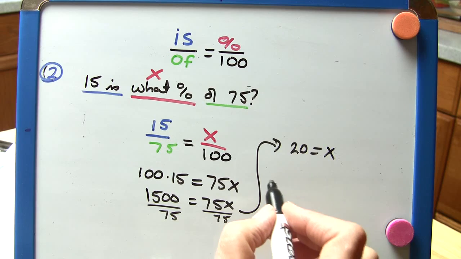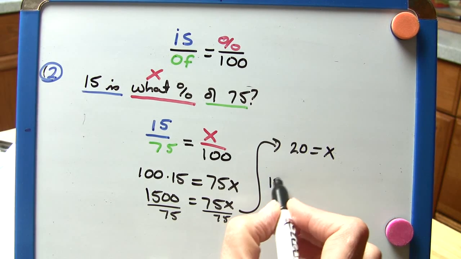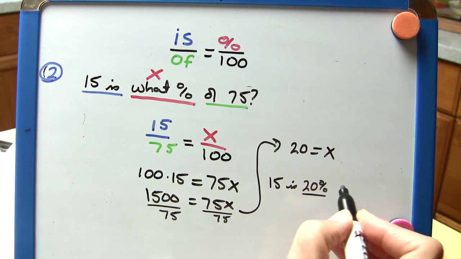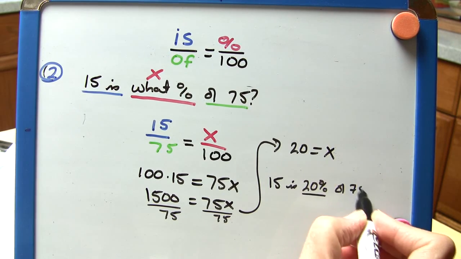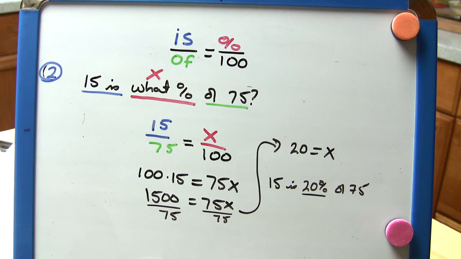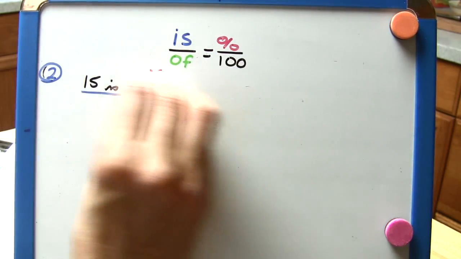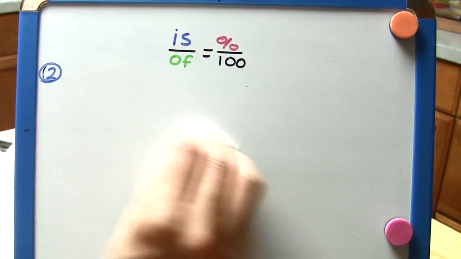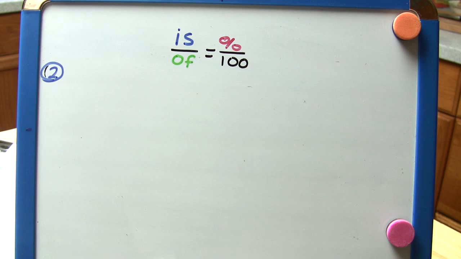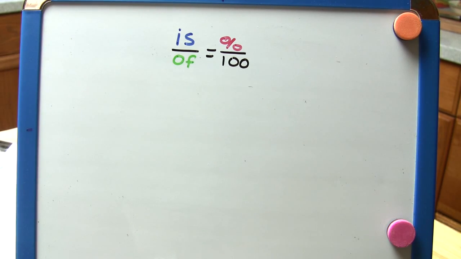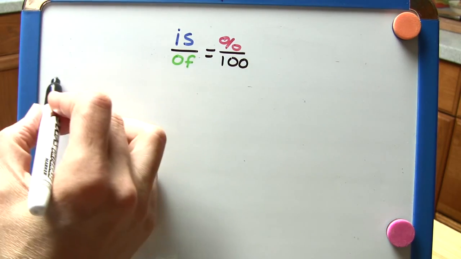So we could make a sentence now: 15 is 20% of 75. There's our answer. So again, you can use other techniques for doing sentences to proportions to solving. This is just one that's going to work every time.